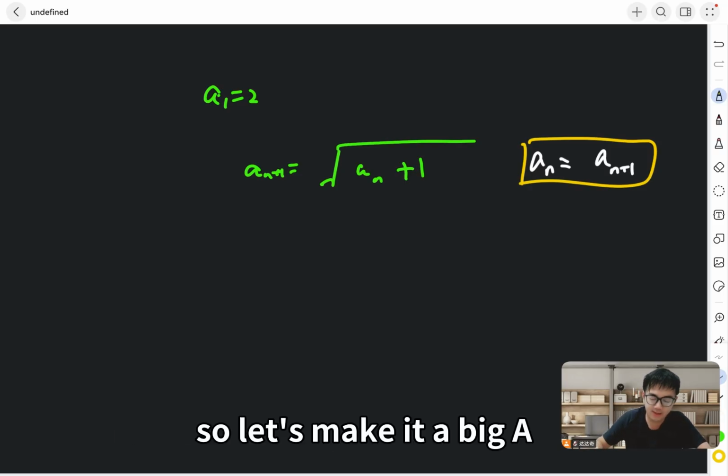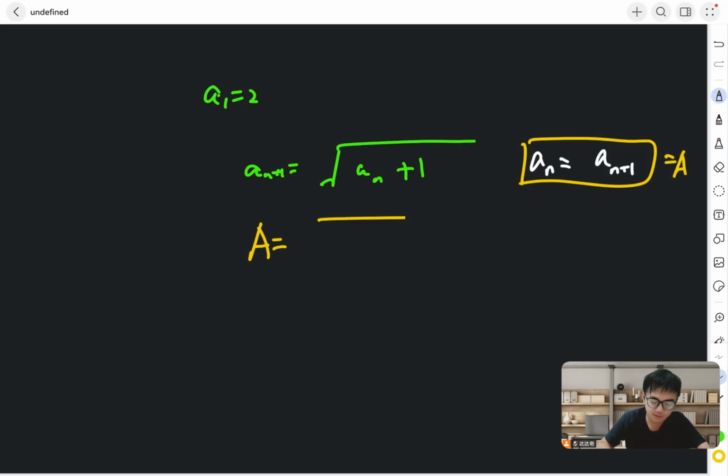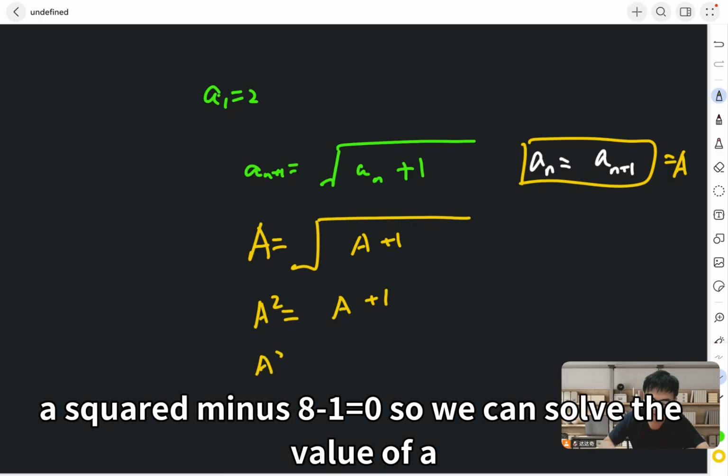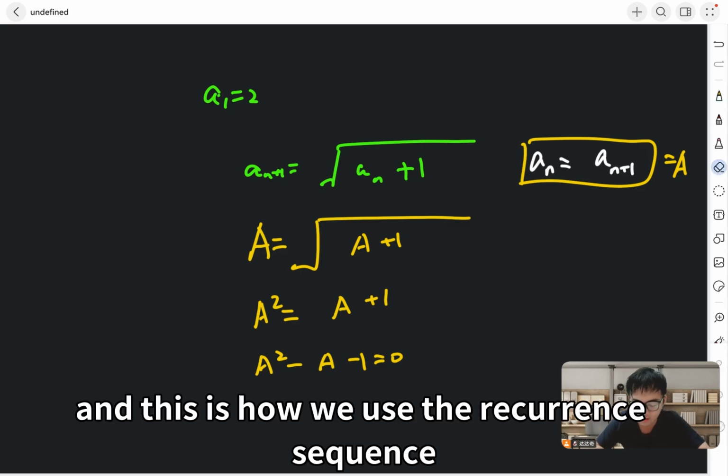Let's call it capital A. So A equals the square root of A plus 1, so A squared equals A plus 1. A squared minus A minus 1 is 0. So we can solve for the value of A, which is the infinity value. And this is how we use the recurrence sequence.